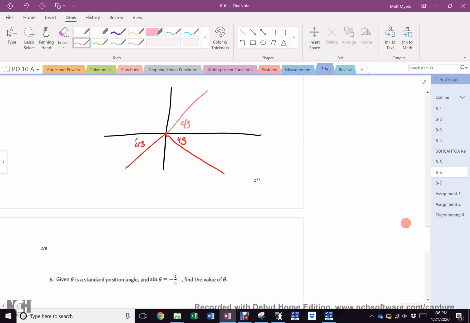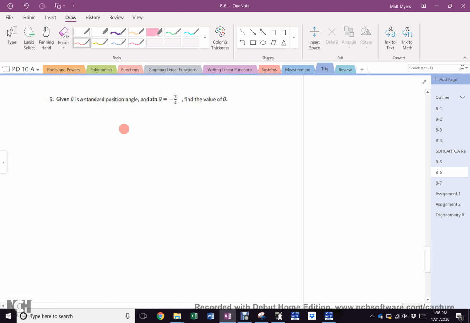Right? 270 is not an x-axis. All right. Sine is negative. Could this line be there? No. Could this line be there?